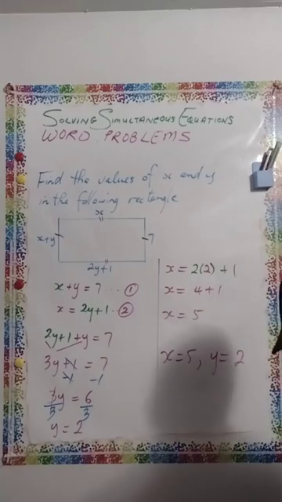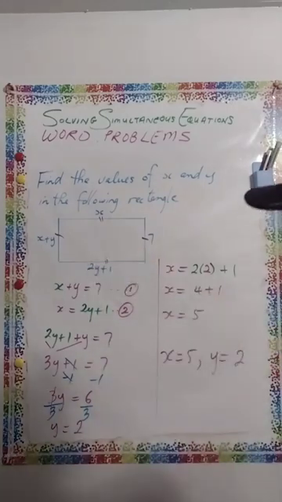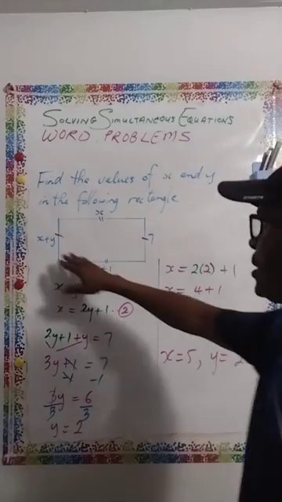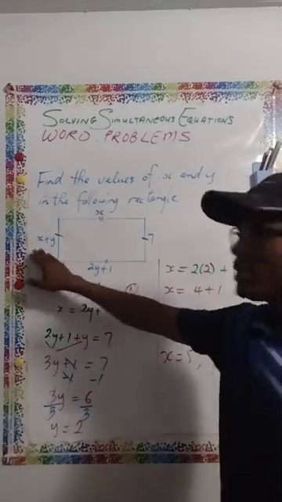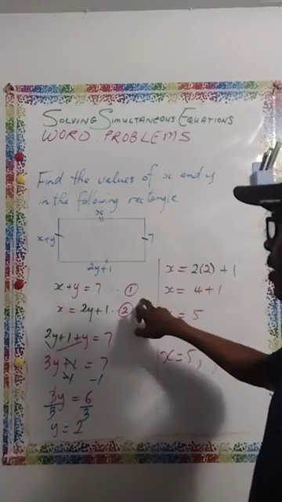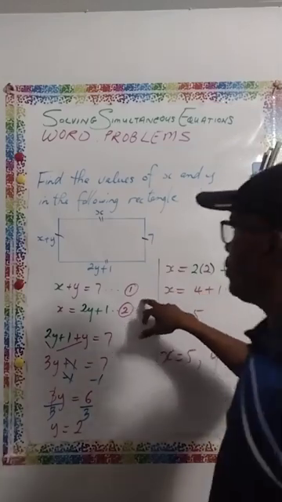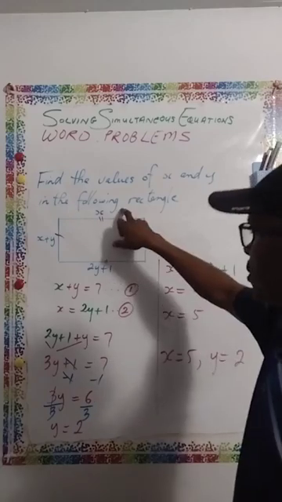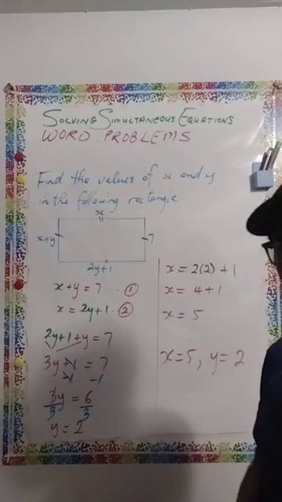So this is how basically you solve a system like this one here. You have to remember the properties of a rectangle, and the properties that we use here, that the opposite sides are equal. So x plus y is equal to 7, and the opposite sides again are parallel and equal, of course. So x is equal to 2y plus 1, and that's how we would have formed our equations.